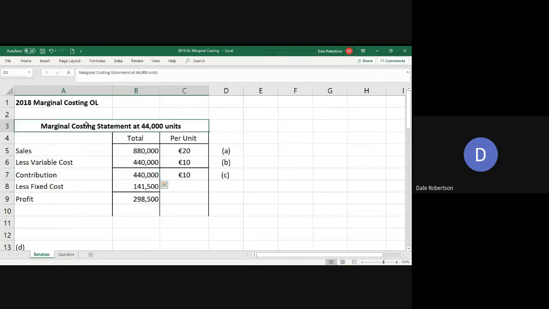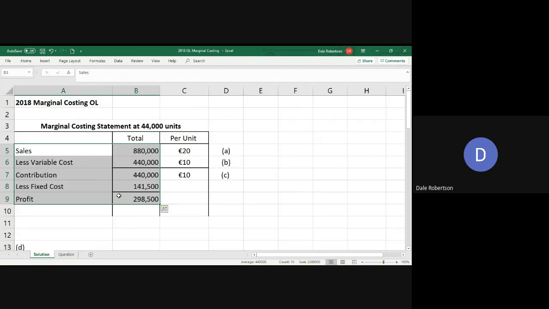But first off, let's look at this. So 44,000 baseball caps we sell. We have sales of 880,000 according to the question. If you take away the variable cost first, you're left with your contribution, which is 440,000, the other half, basically. And then if you take away your fixed costs, you are left with the profit for the year, which is 298,500.